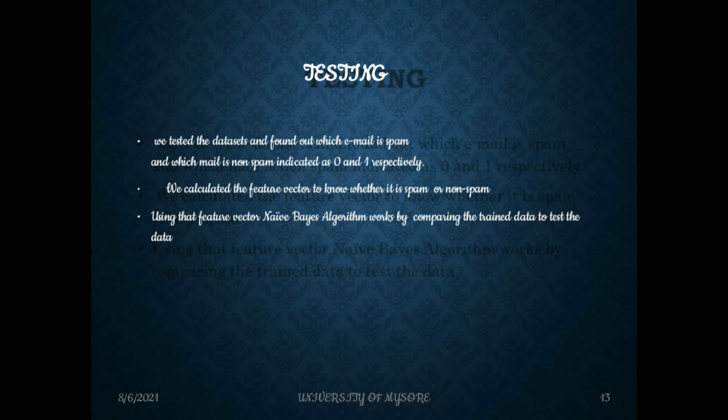We calculated the feature vector to know whether it is spam or non-spam. Using that feature vector, the Naive Bayes algorithm works by comparing the trained data to the test data. We use the Naive Bayes algorithm in this project to find which are spam messages or emails and which are non-spam.